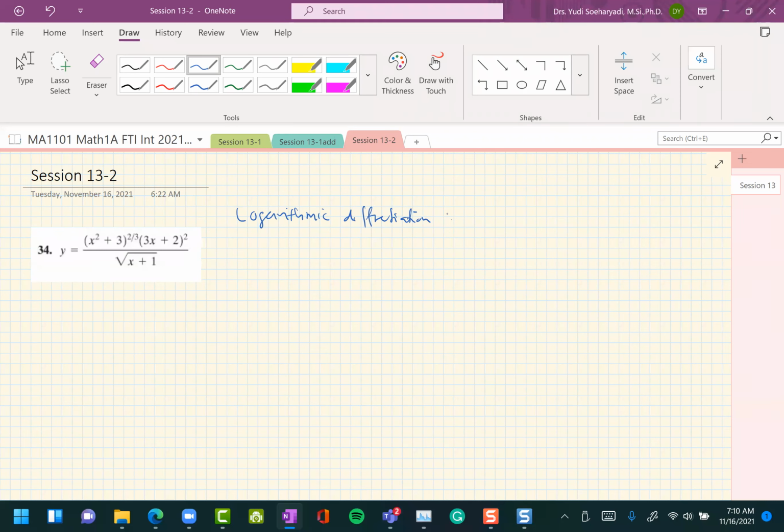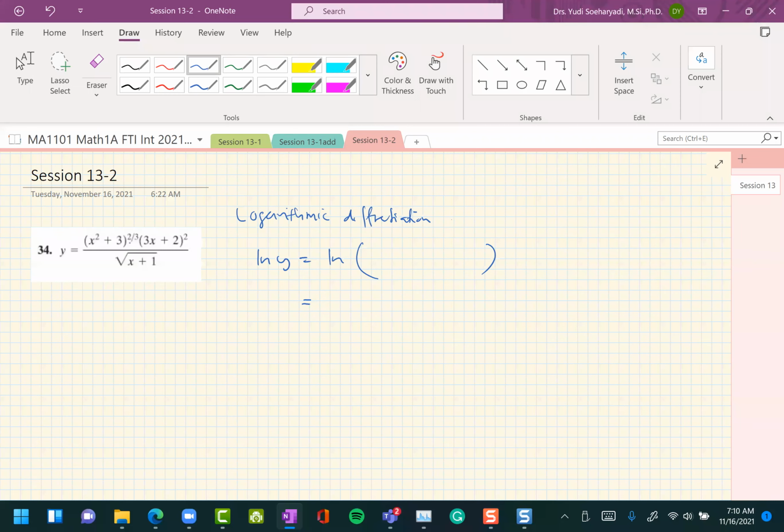Okay, so this is y. We deal not directly with y, but with the log of y, ln of y. So here, ln of y is ln of those stuff. By properties of ln, remember that we have three properties mostly.